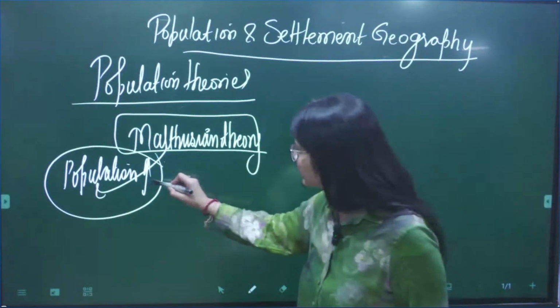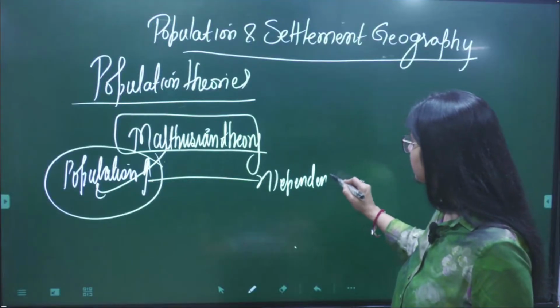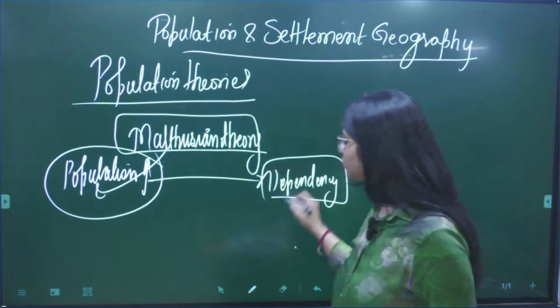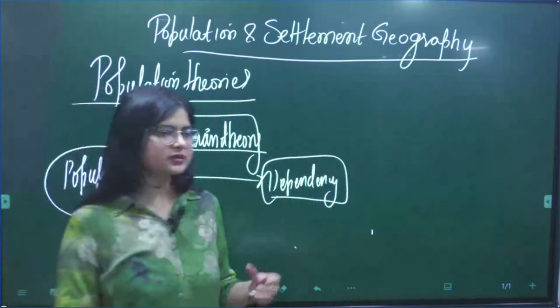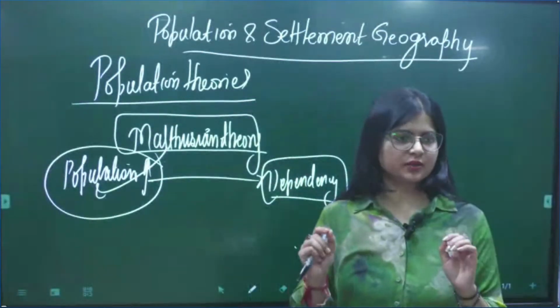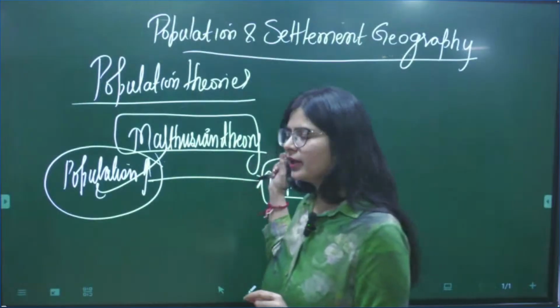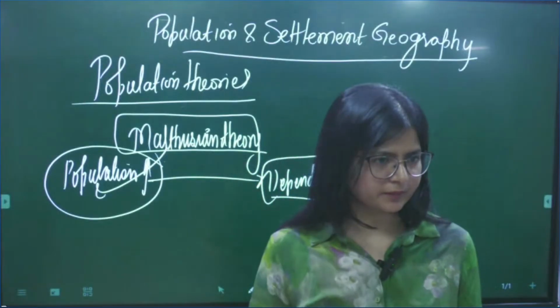And when the dependency on the food increases, then what will happen? It will lead to scarcity. It will lead to scarcity because the way the population is growing is not equivalent to how the food is distributed or how it is growing, right?